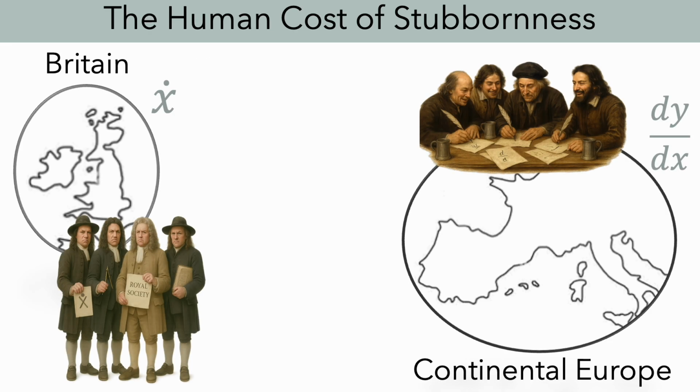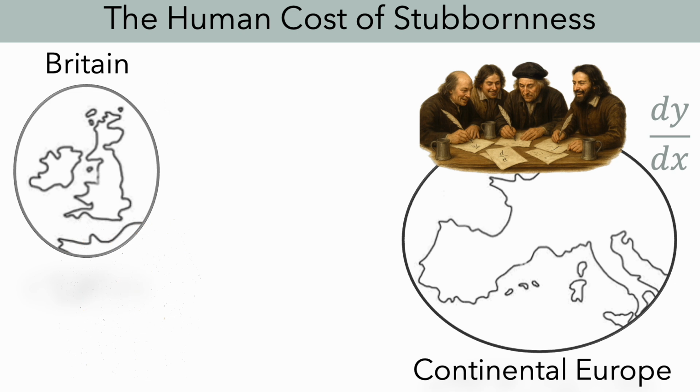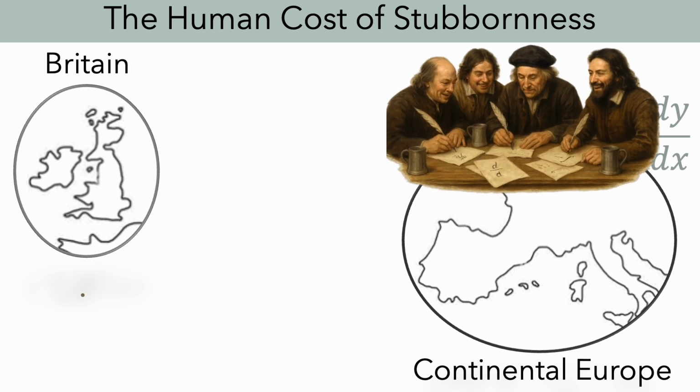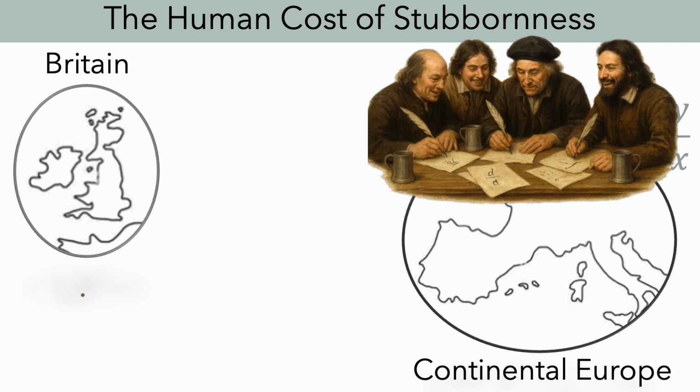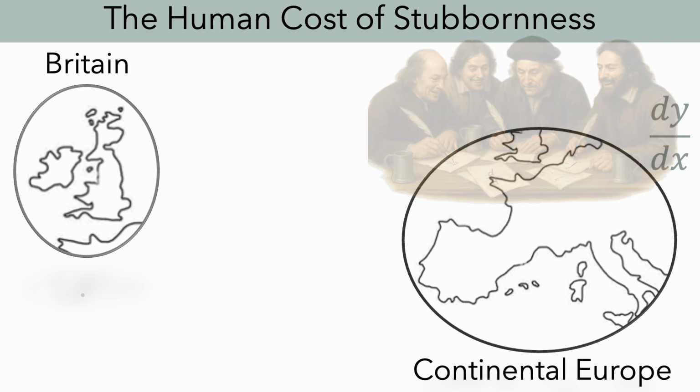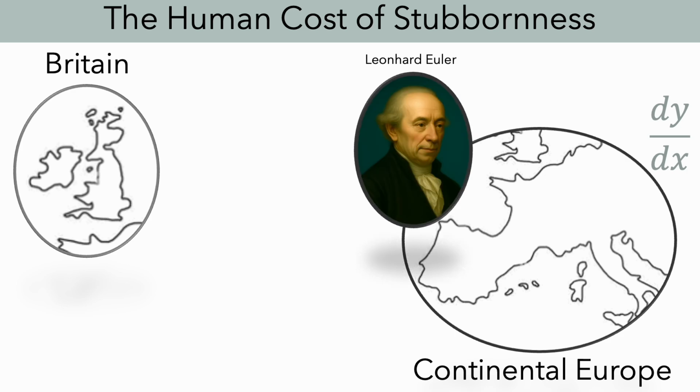For nearly a century after Newton's death, British mathematics just stagnated. And the irony is heartbreaking. The nation that produced Newton fell behind in the very field that he had helped create, while continental European mathematicians flourished. For example, Leonhard Euler, the Swiss mathematician who became arguably the most prolific mathematical genius who ever lived.